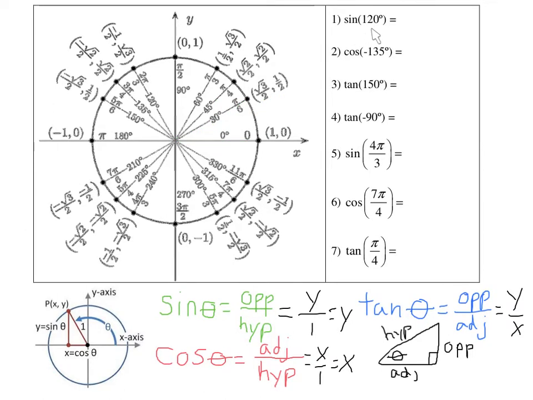If I want to find sine 120, what I want to do is first find the terminal side of 120. Hopefully you can see 120 is right here. And then I make a right triangle. Now, from that right triangle, sine is the y value of that right triangle.